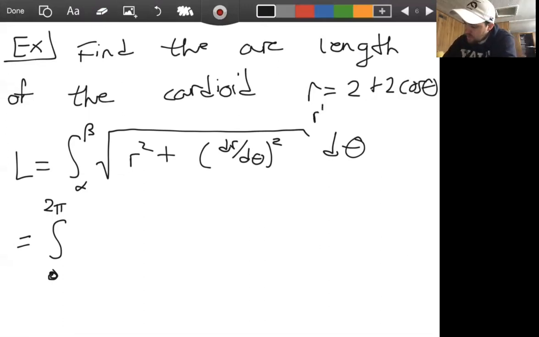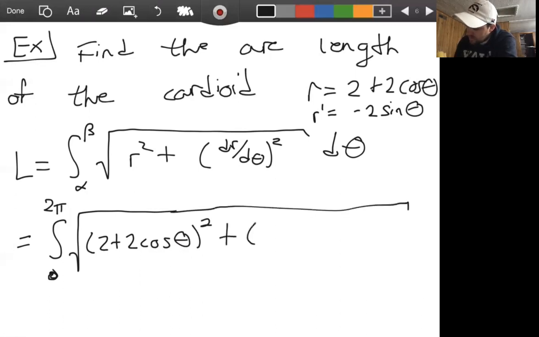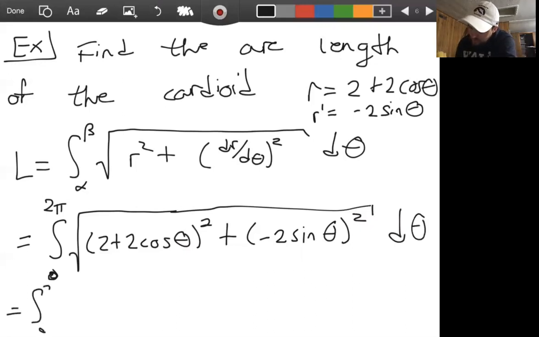So what's r prime here? It's going to be -2 sine theta. And so our integral now becomes the square root of (2 plus 2 cosine theta) squared plus (-2 sine theta) squared, d theta. Let's FOIL this out.